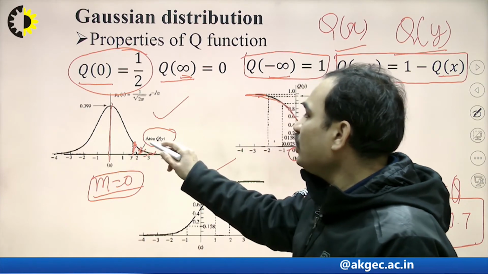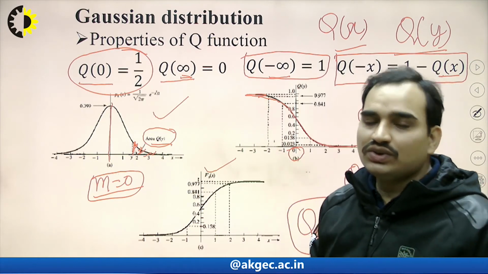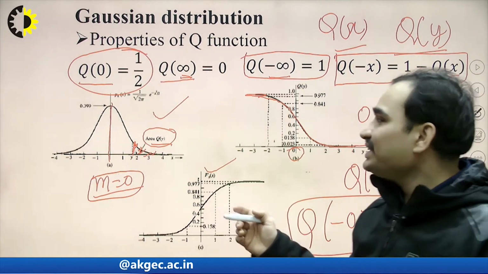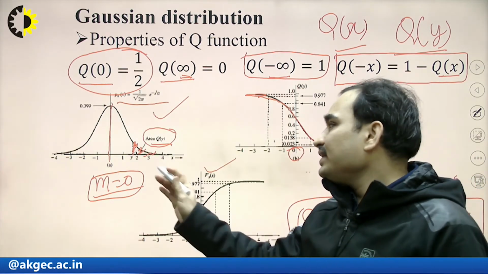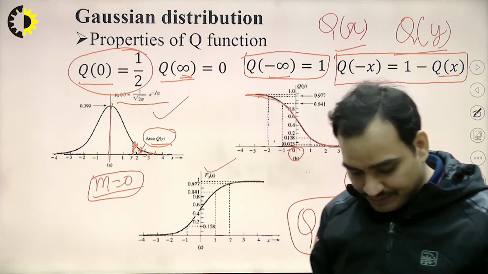So q of y will give you this region for a given value of y. If you are plotting the PDF for a bell shaped curve, then this q of y is nothing but the area of the greater value.